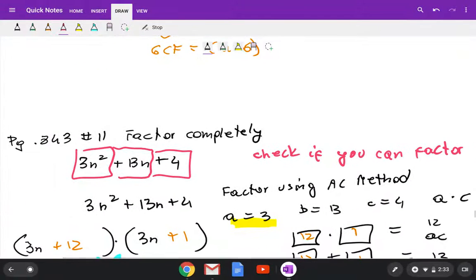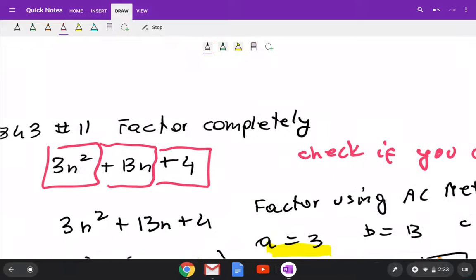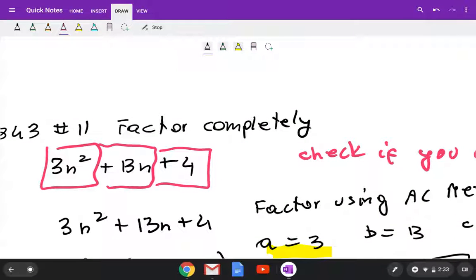The GCF between those three expressions, 3n squared, 13n, and positive 4. There's no GCF. There's no way that you can find a number which divides 3, 13, and 4. And so there's no GCF if we're talking about integers. There's also no GCF if we're talking about the variables, because 4 doesn't have n.